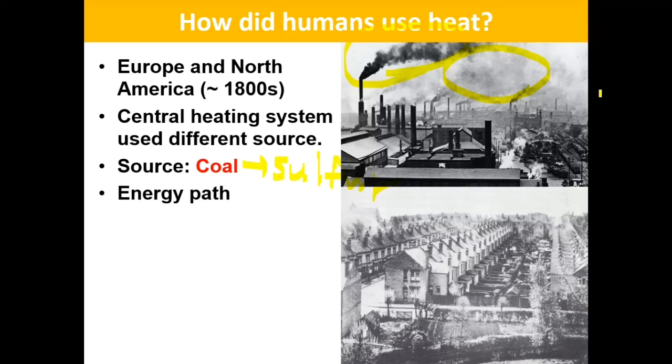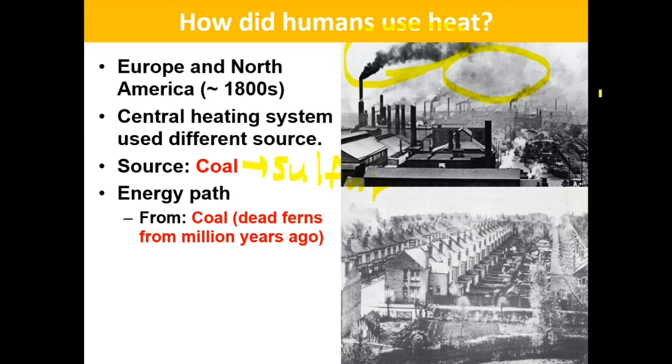Regardless of what kind of dangerous one, let's go through the energy path from the beginning. Coal used dead ferns from millions of years ago. So imagine the remains of fossils of ferns from millions of years ago, in the dinosaur era. And those ferns have a lot of sulfur in them.